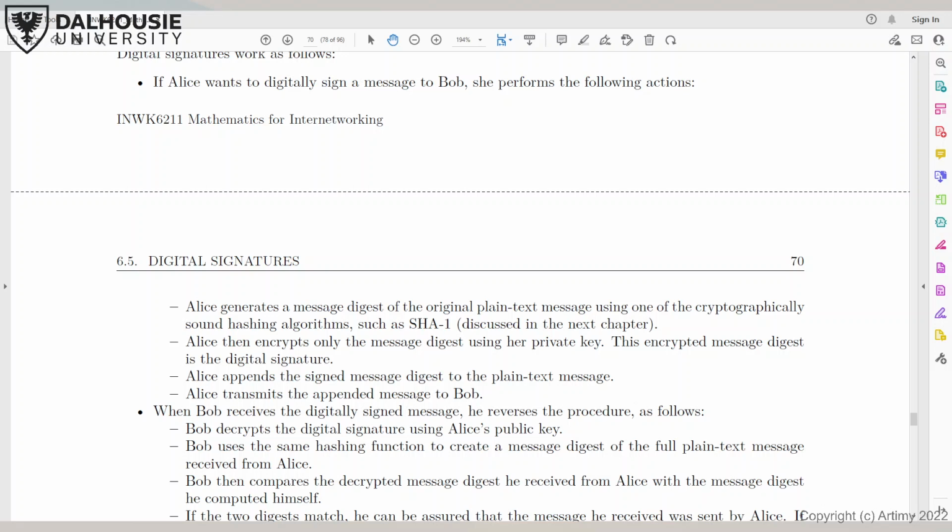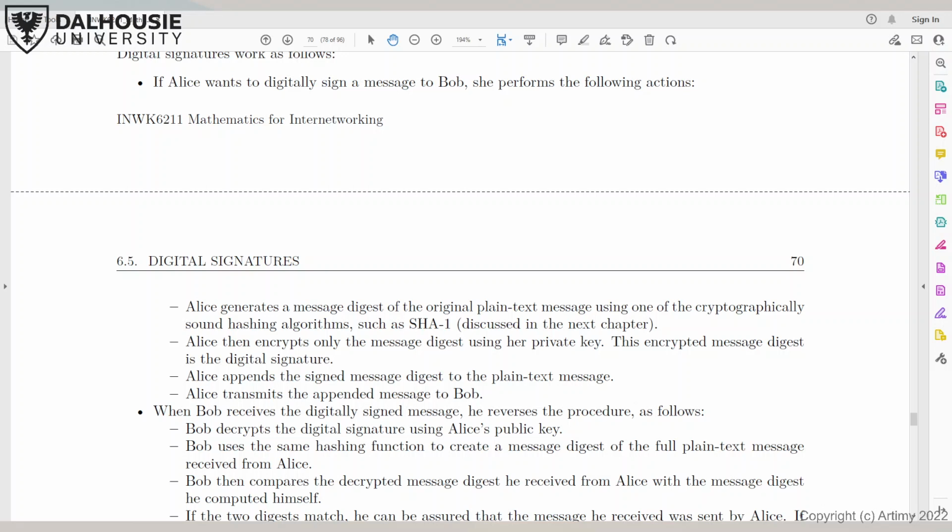But right now, as I mentioned earlier, a hash algorithm takes any length message and shrinks it down to a fixed size message. The fixed size could be 128-bit, could be 256-bit, and so on.